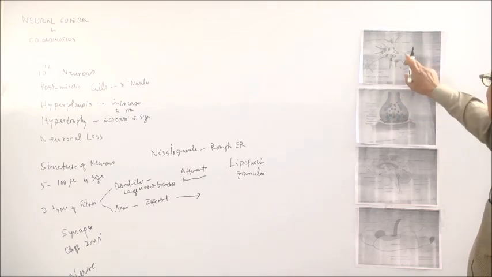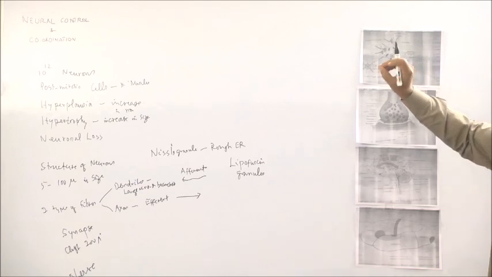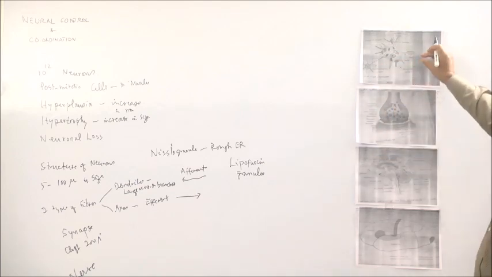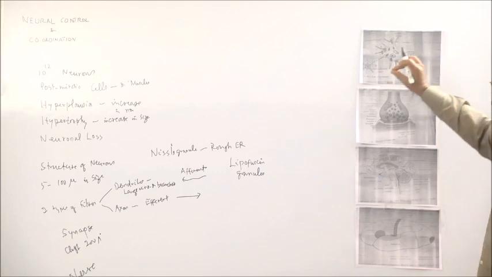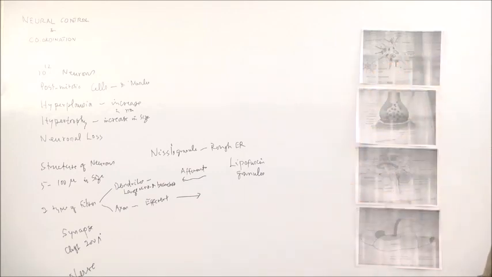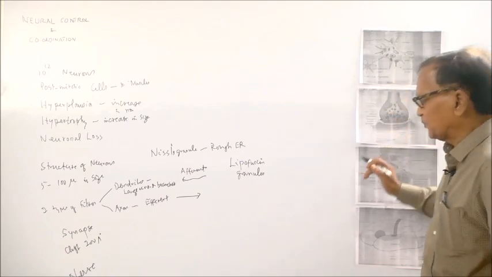This axon in mammalian neurons possesses a myelin sheath. Myelin is a fatty kind of material, and this myelin sheath is interrupted at places.